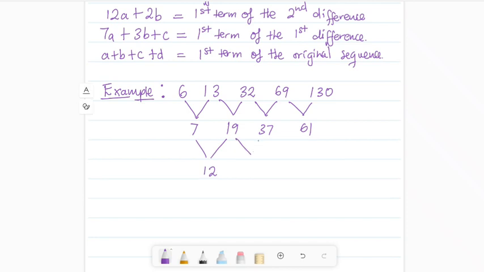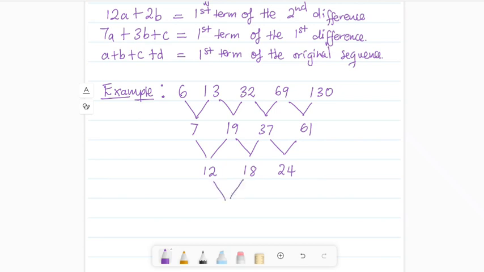19 minus 7, you get 12, and then 37 minus 19, we get 18, and then 61 minus 37, we get 24. Again, these numbers don't look the same, so it's not a quadratic sequence.